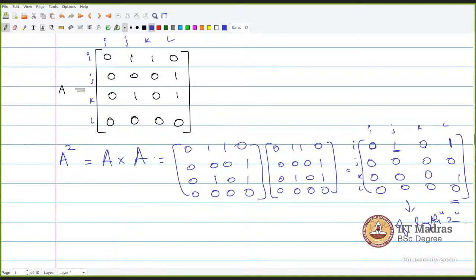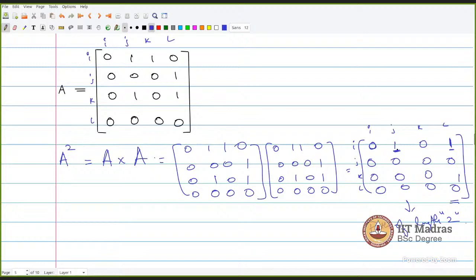That's it. Whether it is 2 or 20 or 200, it doesn't give us anything more. So it tells us that there is a path of length 2 from I to L. So there is a path of length 2 from I to L. That is what this one tells me. This one tells me there is a path of length 2 from vertex I to vertex J in the given graph.